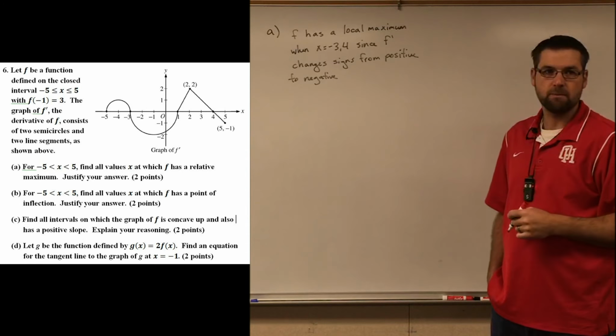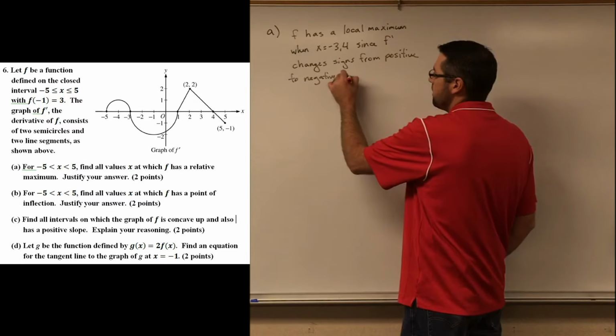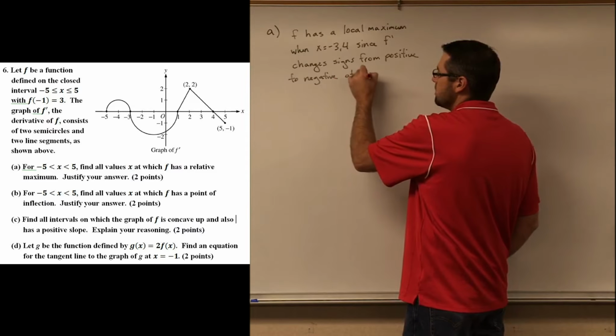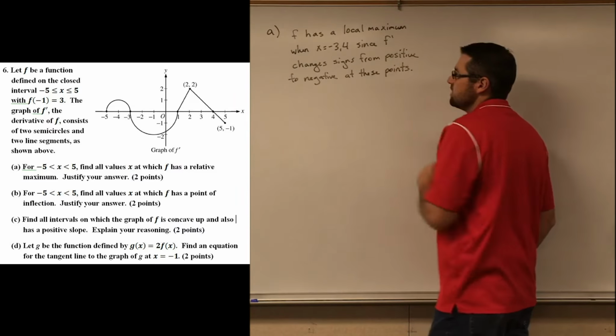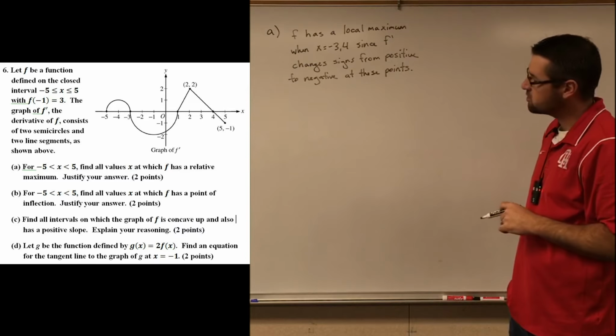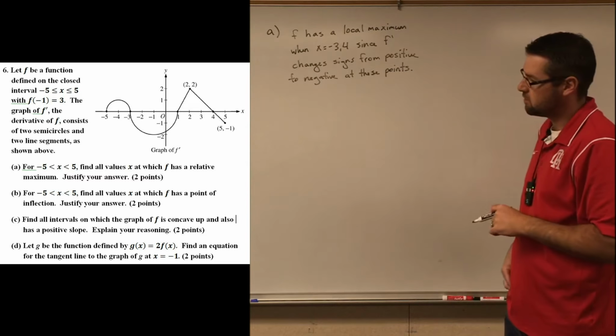I would do it that way, just so there's absolutely no doubts. Okay, at these points. That's it. 2 points, so you're going to get 1 for the correct answers, 1 for the correct justification.